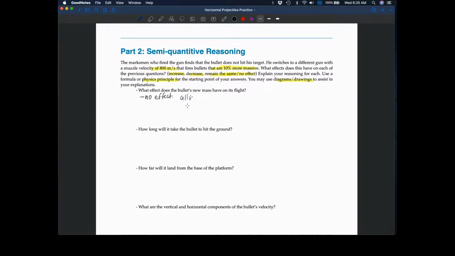All objects accelerate at the same rate, irrespective of the mass.